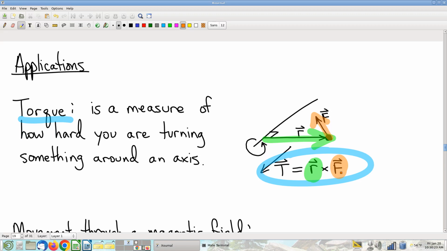By the way, if you haven't seen torque before, it's not that deep of an idea. You know how force means how hard you're pushing on something? Torque just means how hard you're twisting on something. I like to call it an angular analog of force. It's like force, but around instead of forward. Okay. All right. Cross product.